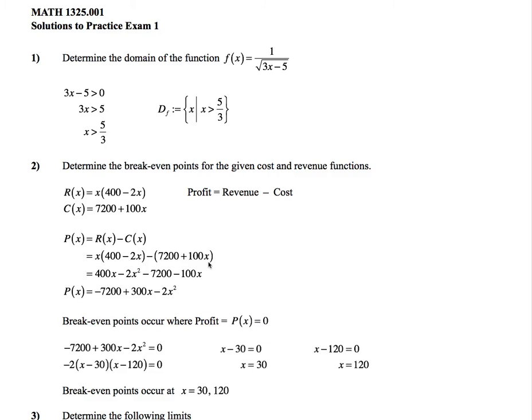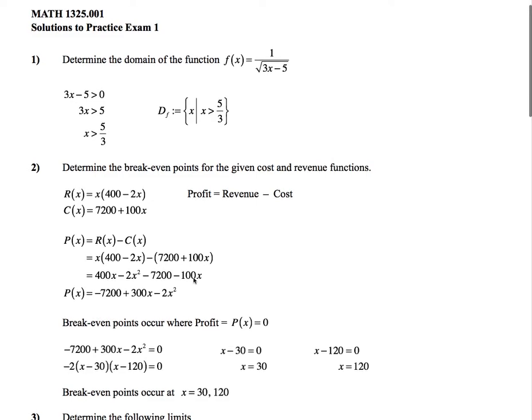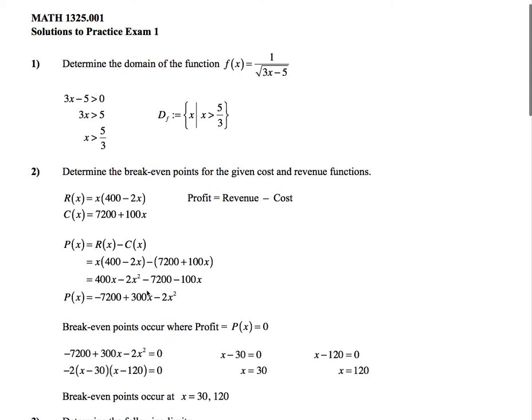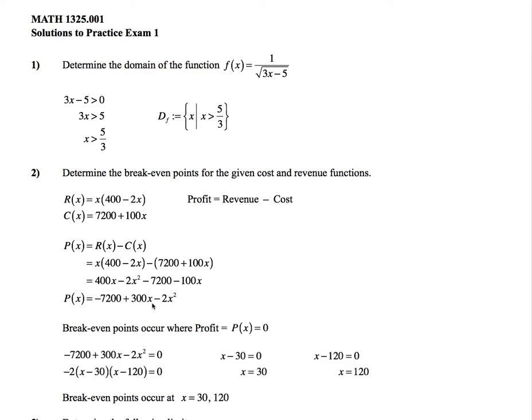So once I've distributed that negative, that subtraction, I have negative 7200. I'm subtracting 7200, and I'm subtracting 100x. The 100x and the 400x are like terms, and so they combine to give us a positive 300x.